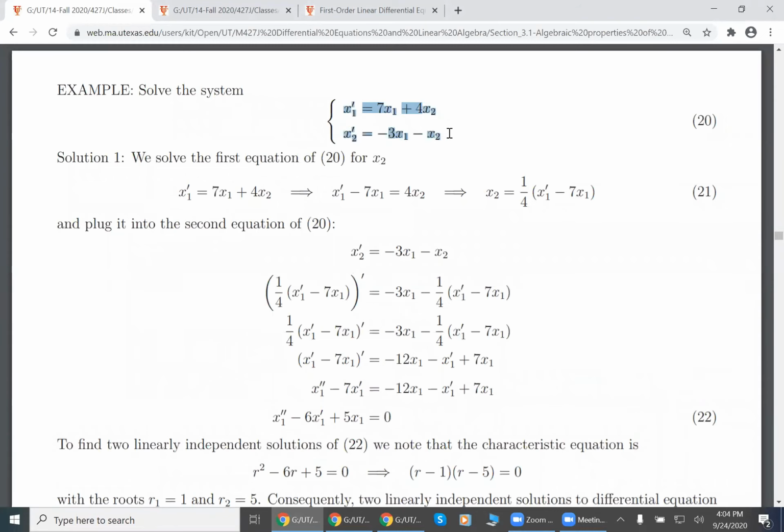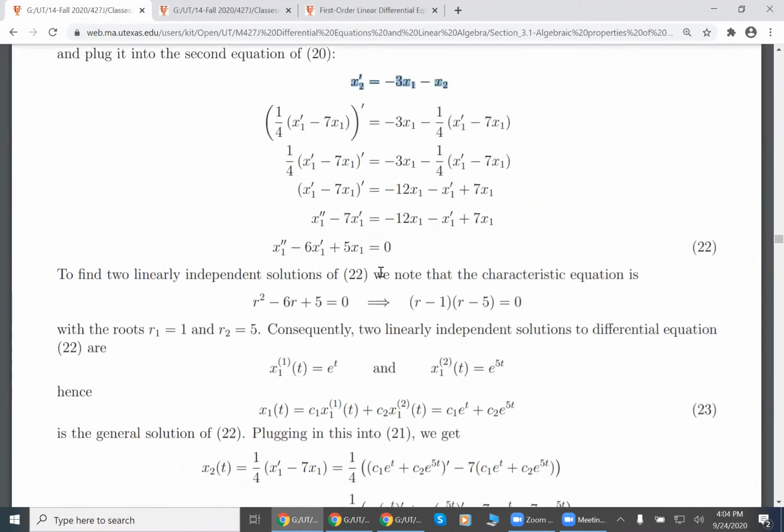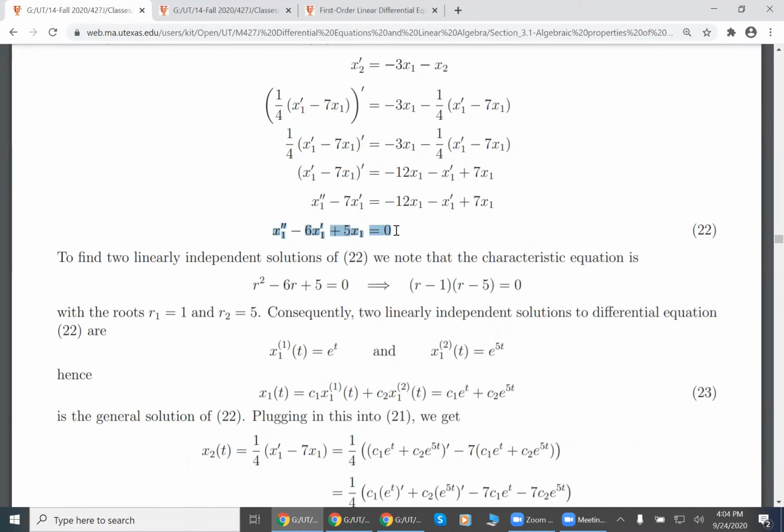Take a look at this example. Again, we can use method number 1, we can use method number 2. If we use method number 1, we solve equation number 1 for x2 and plug it into the second equation. Here is the resulting homogeneous second order linear differential equation with constant coefficients.